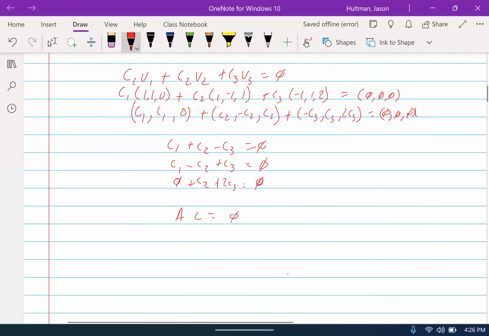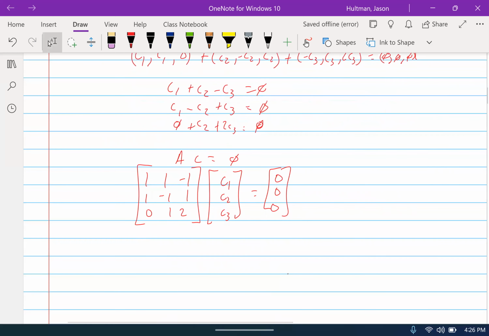I'm going to write the coefficient matrix 1, 1, negative 1, then 1, negative 1, 1, and 0, 1, 2. And then that's going to give me C1, C2, C3 is equal to 0, 0, 0.